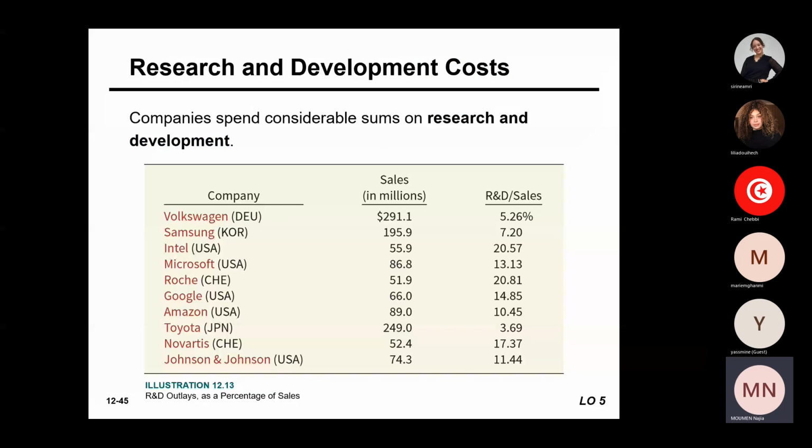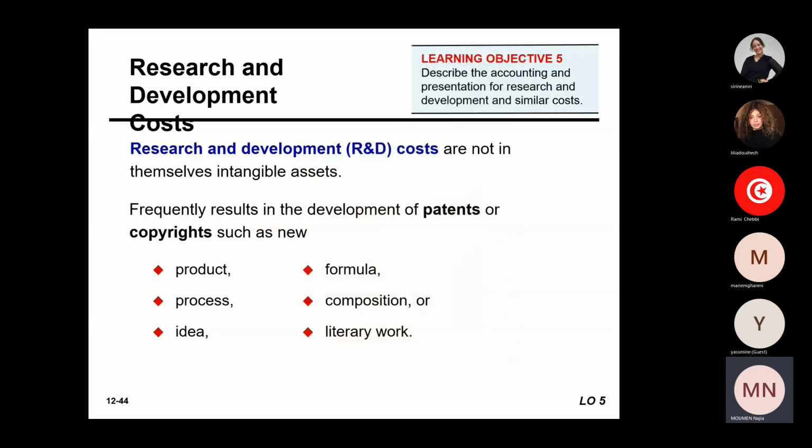But remember, we said that internally generated intangibles should not be reported as intangibles.